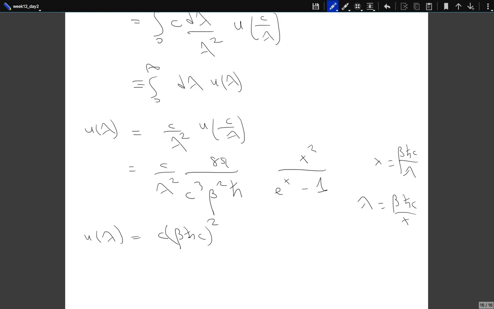No, 1 over lambda squared, there is a minus 2. So we get 8 pi c cubed beta squared h bar x to the 4 divided by e to the power x minus 1.